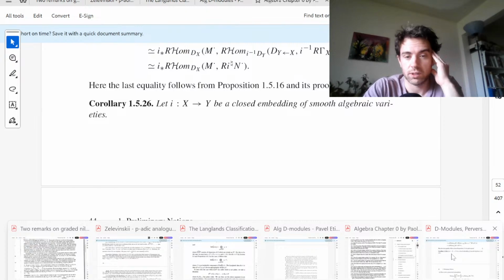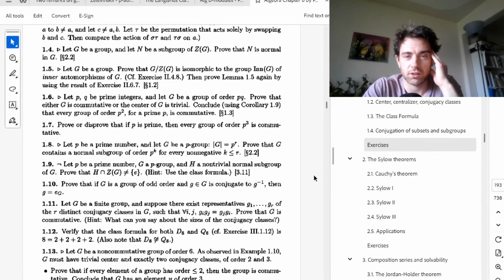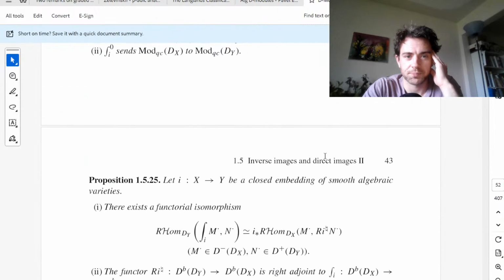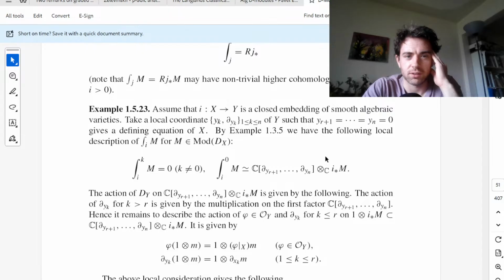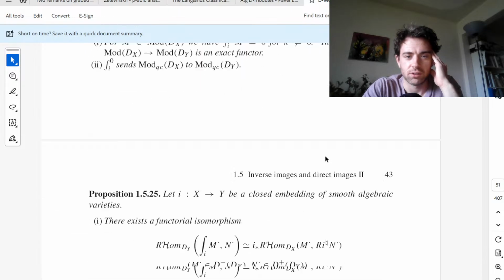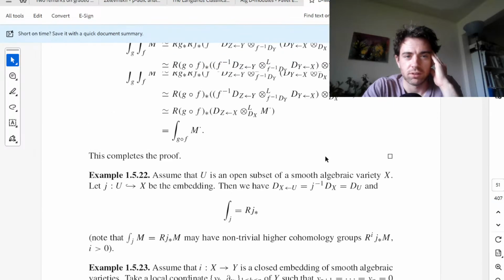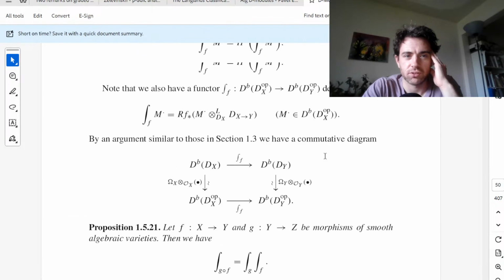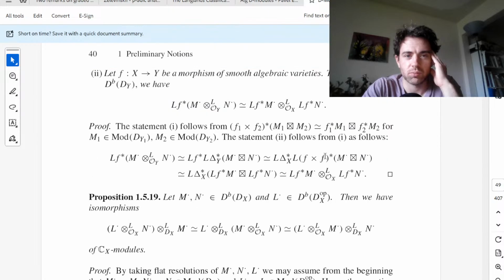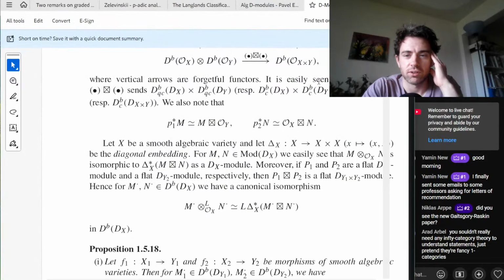Okay, so what is this? Well, first we need to talk about the derived pullback. So let's take a look. Although I guess there isn't much to say, right? It simply is the derived pullback.